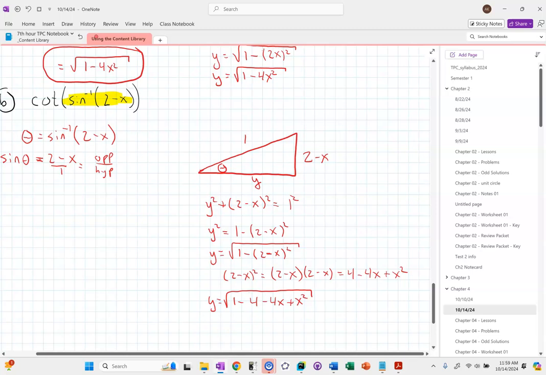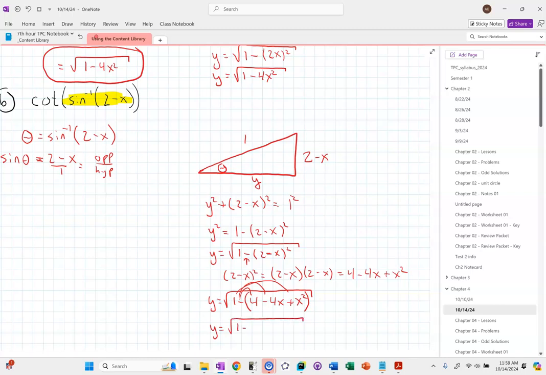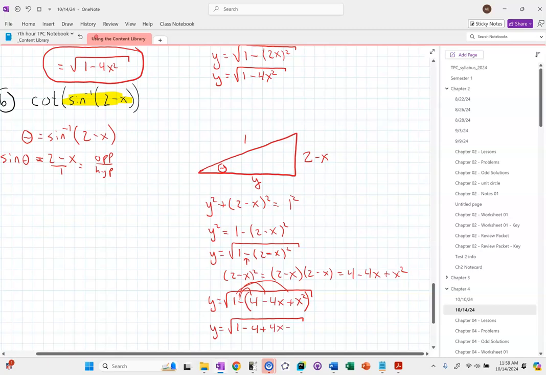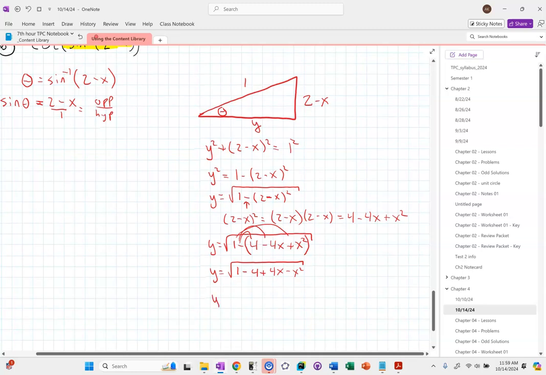This is the mistake, not quite. That subtraction symbol needs to apply to the whole thing. And then we can combine the 1 and the minus 4.